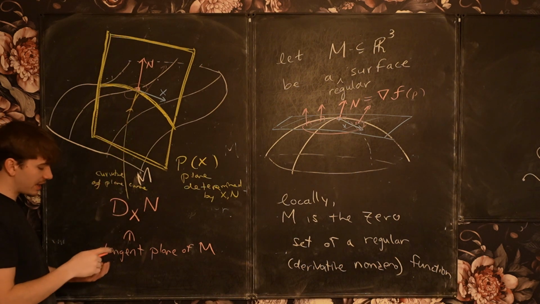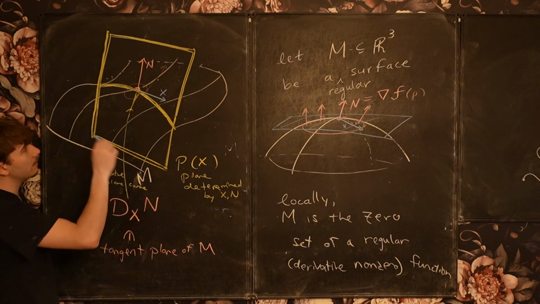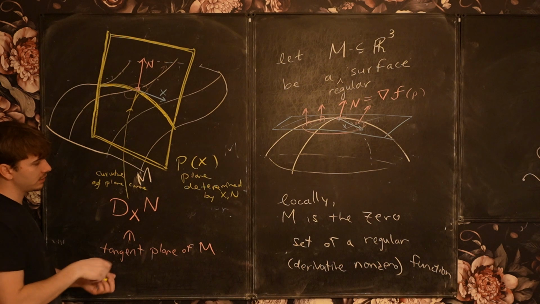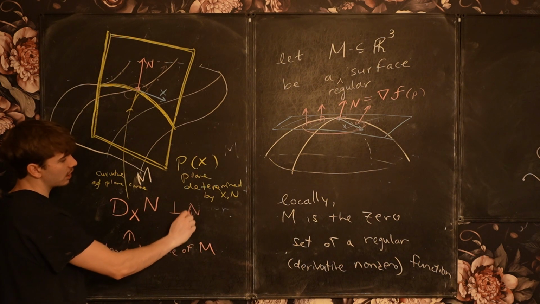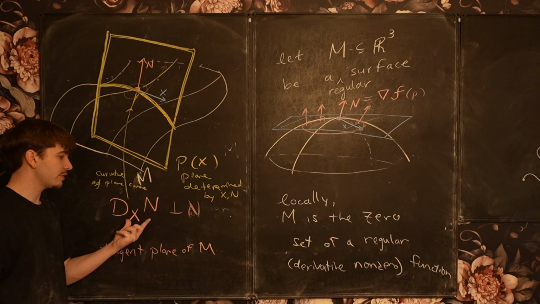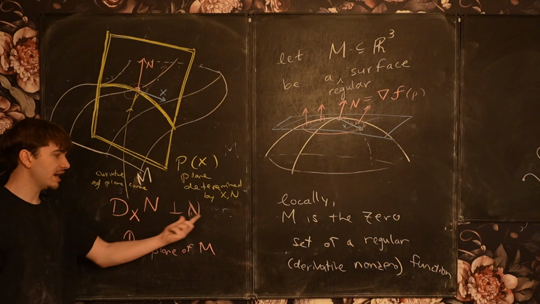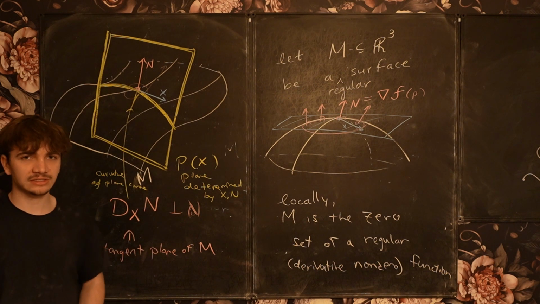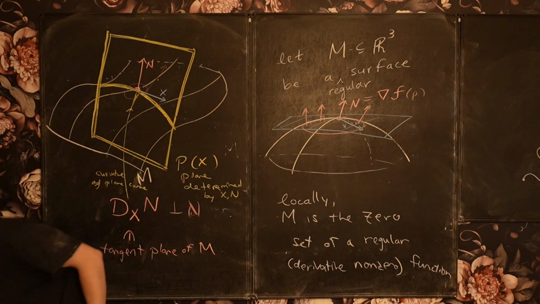It's not going to be in the direction of x, but it will be orthogonal to n. We know for certain that it's orthogonal to n just because n is a unit normal vector. As we discussed previously, its directional derivative in the direction x is orthogonal to itself, because it's not changing magnitude.